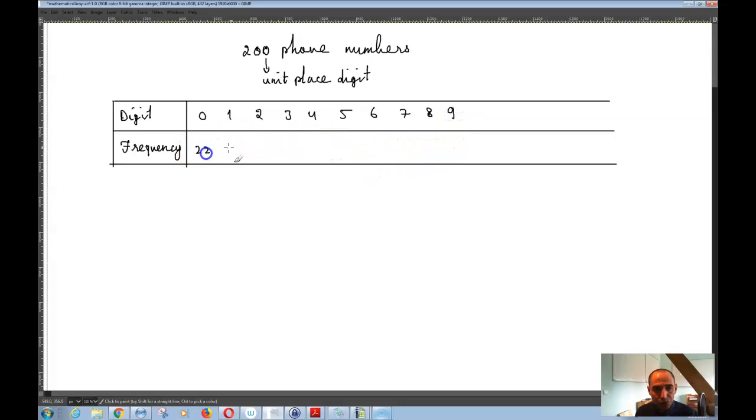And we had 22, for example, 26, 22, 22, and 20, 10, 14, 28, 16, and 20.